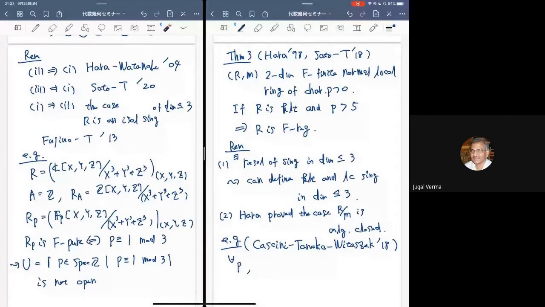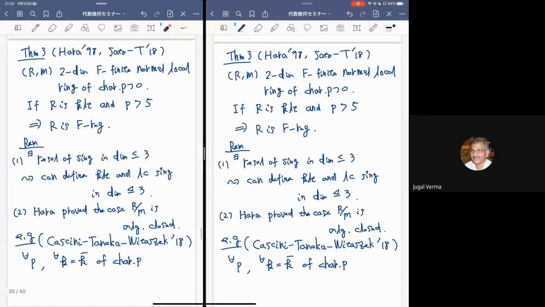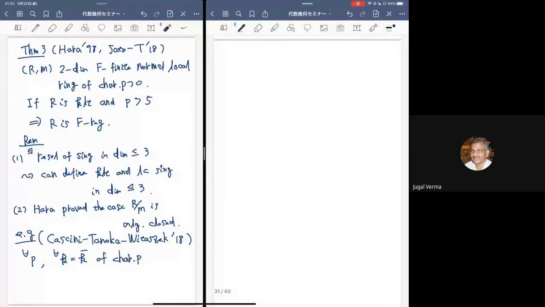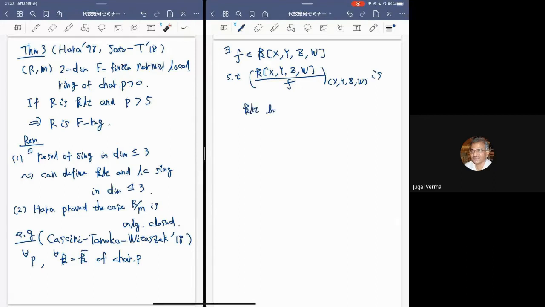For any prime P and for any algebraically closed field K of characteristic P, there exists an F, an element of the four-dimensional polynomial ring K[X,Y,Z,W], such that the hypersurface defined by F, after taking localization, is KLT but not F-regular, or more strongly, not F-pure.